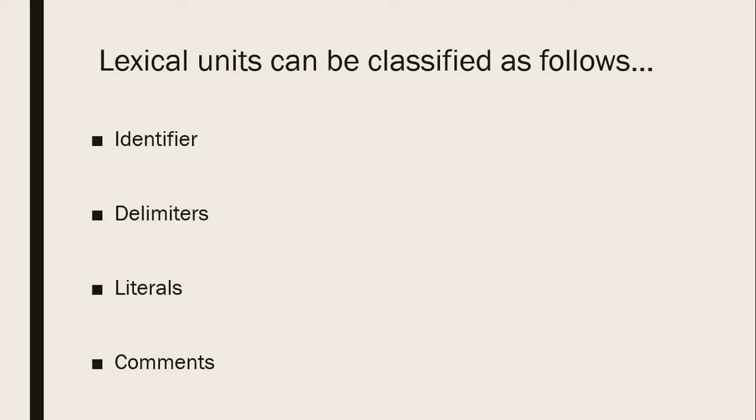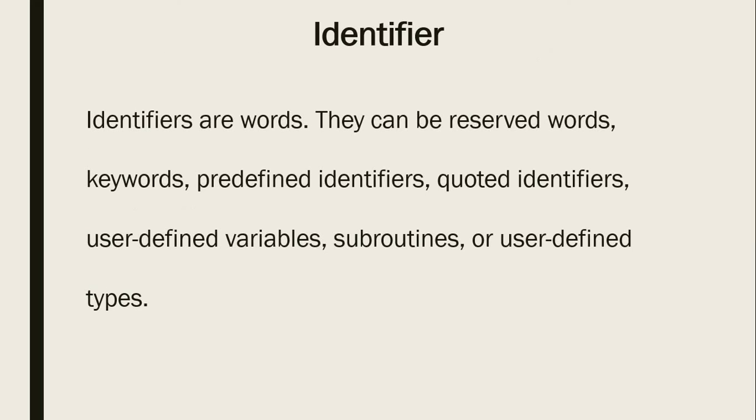Lexical units can be classified as follows: identifiers, delimiters, literals, and comments. Identifiers are words. They can be reserved words, keywords, predefined identifiers, quoted identifiers, user-defined variables, subroutines, or user-defined types.